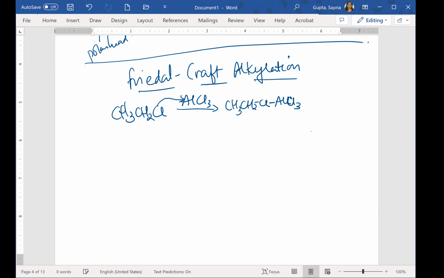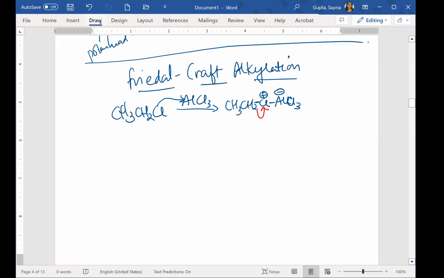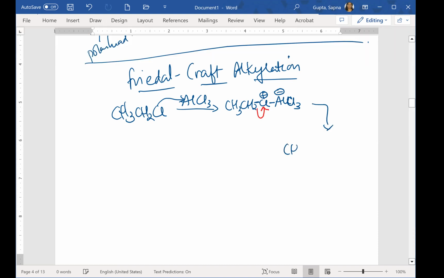So if you want to draw bonds, you're most welcome to. That helps a little bit. So plus here, and remember aluminum is receiving the electrons, so that is negative. And then you break the bond right here. And you get the ethyl cation and the aluminum chloride conjugate base.